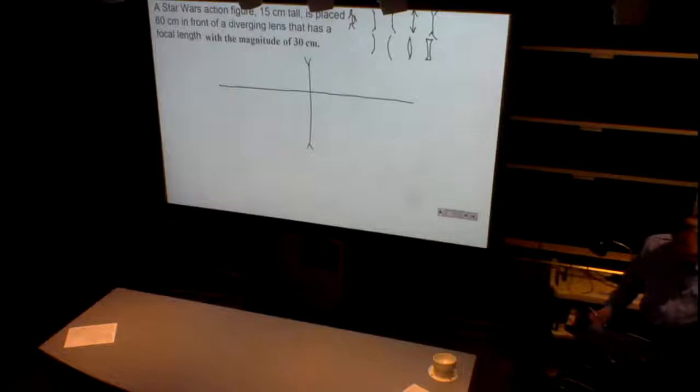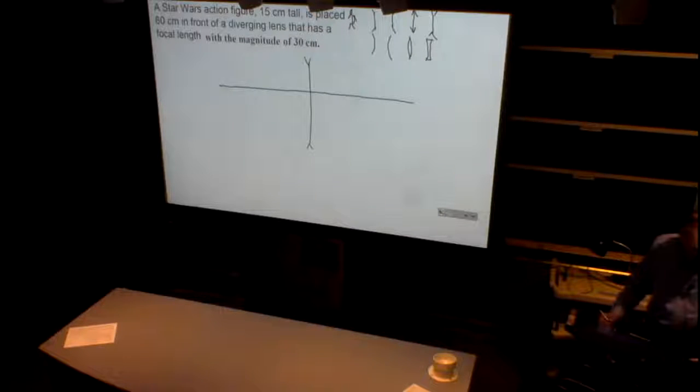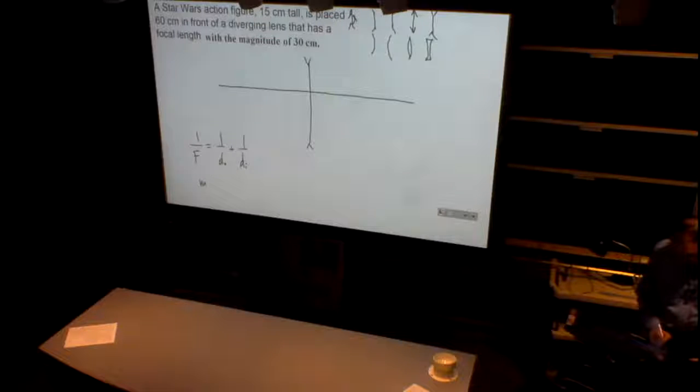Now, actually, sometimes we don't have to draw a diagram. We can just write an equation, number one. Why not? And equation number two. And now we can write these equations using numbers.